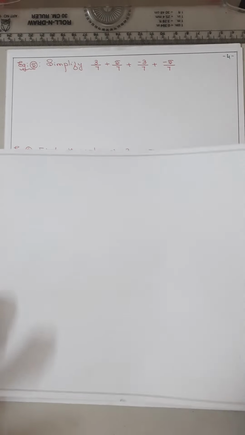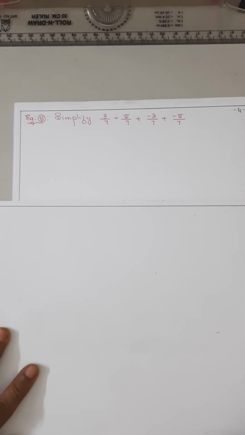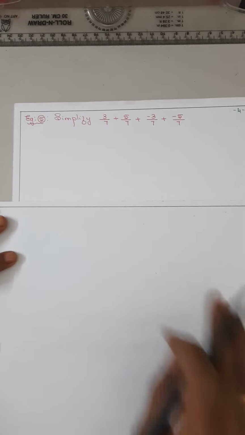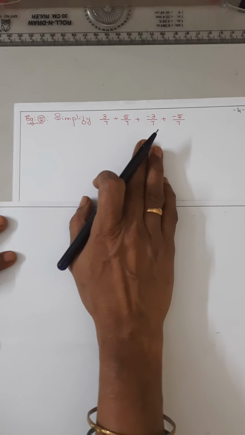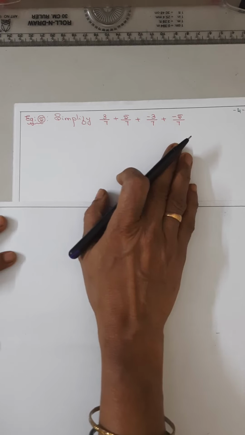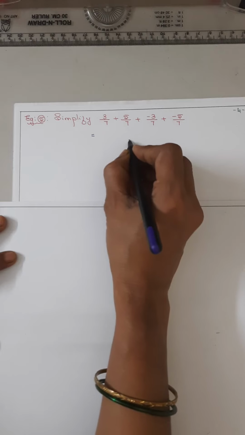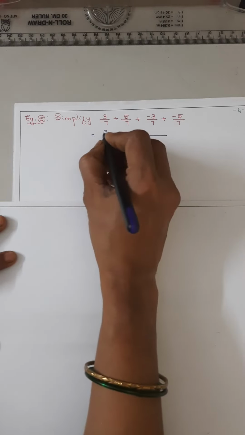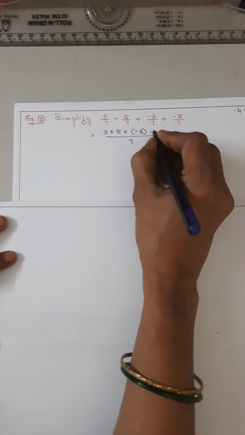Okay. Now coming to example 5, simplify. See, 3 by 7 plus 5 by 7 plus minus 3 by 7 plus minus 5 by 7. When we add these, the denominator is 7, same, 3 plus 5 plus minus 3 plus minus 5.